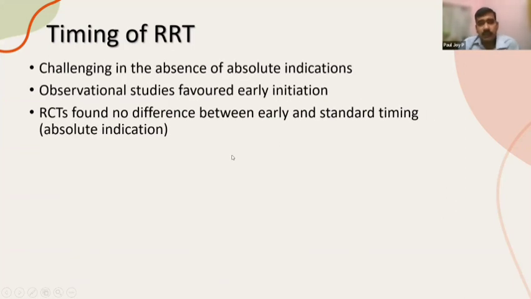Now, the timing of RRT, as said, is debatable, and in the absence of absolute indications, it can be challenging, and there can be conflicts also. Observational studies had favored early initiation in the earlier studies, but later RCTs found no difference between early and standard timing.